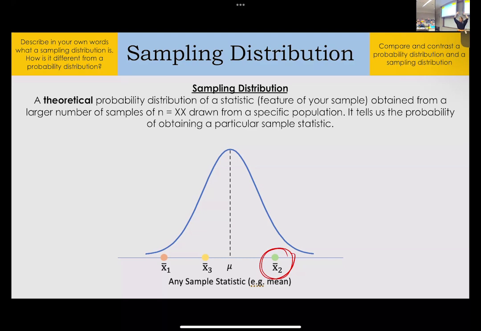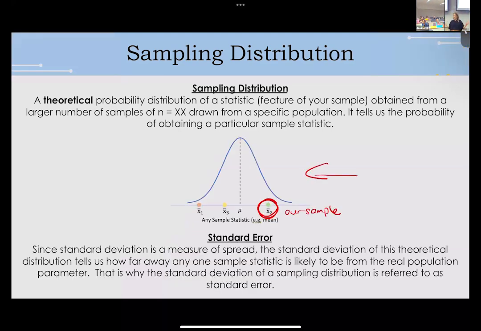So the standard deviation of this imaginative theoretical distribution represents how far away all these potential sample means are from the population. Because that standard deviation is a measure of spread, it tells us how far away any one sample mean is likely to be from the real population mean, right?